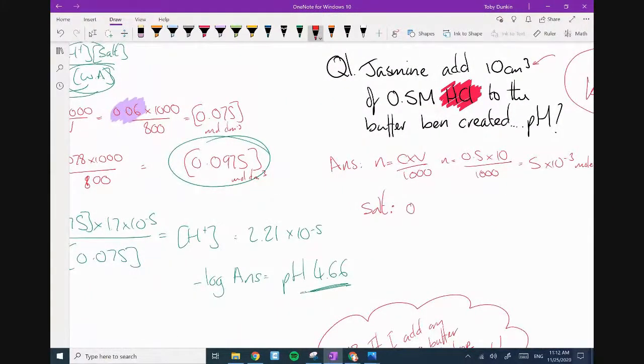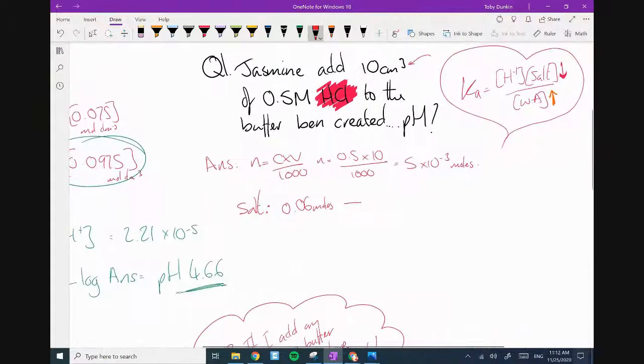So I've got 0.06 moles of salt and the HCl is going to reduce it. So I'm going to remove 5 times 10 to the minus 3. Moles of salt after acid: 0.06 minus 5 times 10 to the minus 3. So I now have 0.055 moles of salt left.